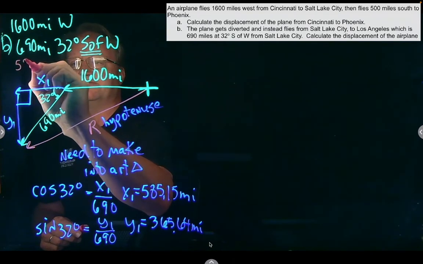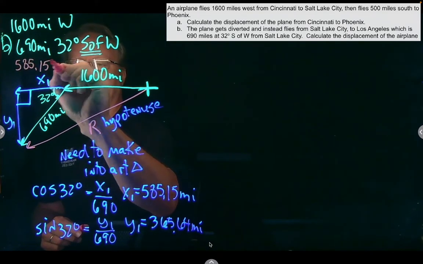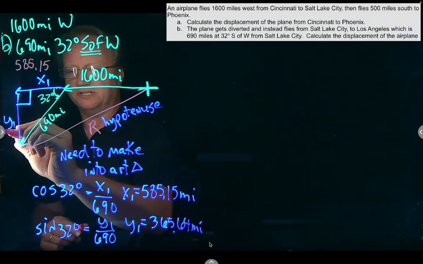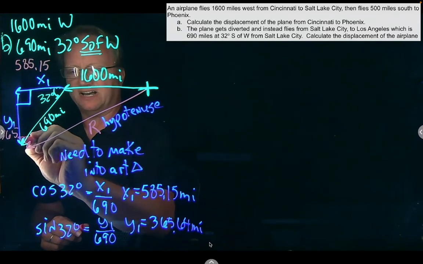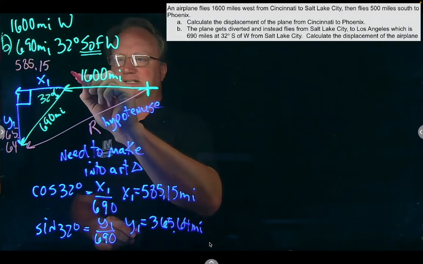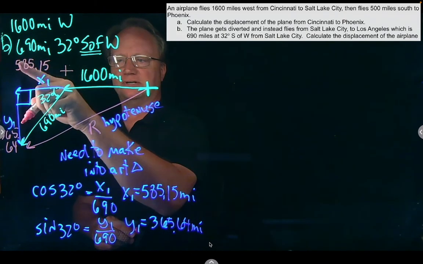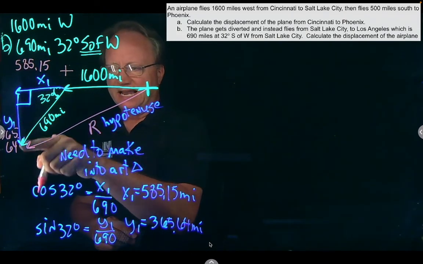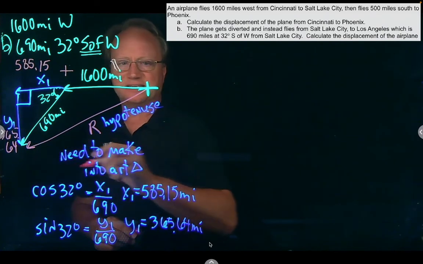So now, if we think of these up here in our diagram, this is 585.15, and this one is 365.64, kind of squeezing things in. I can add the values here together to get that whole side, and then the y only has a single value.